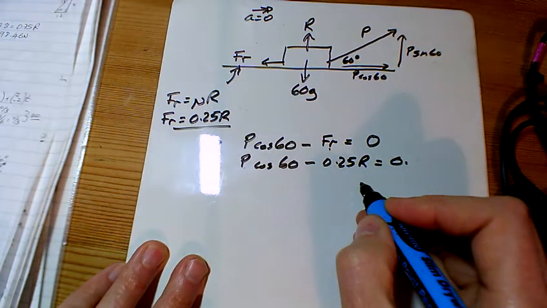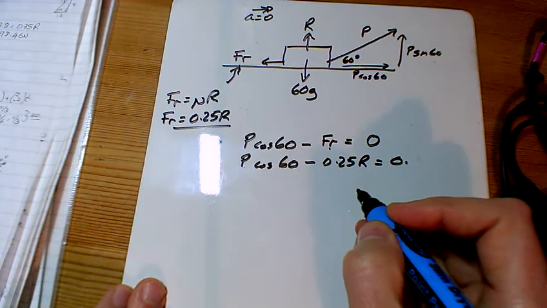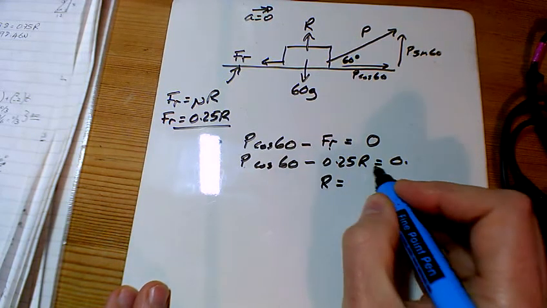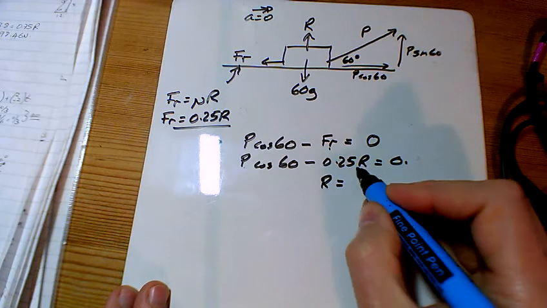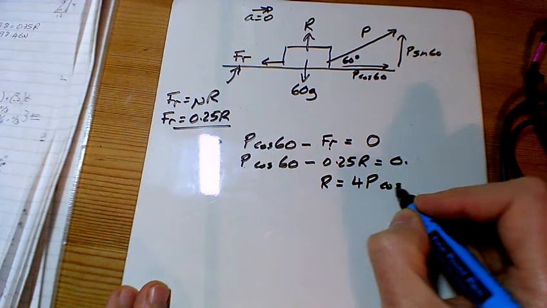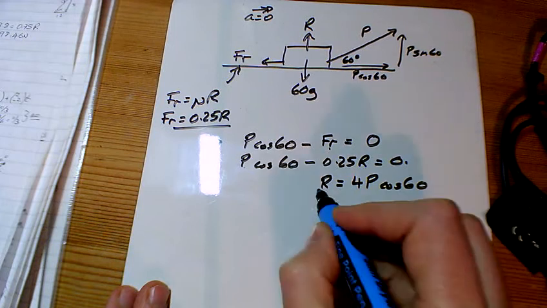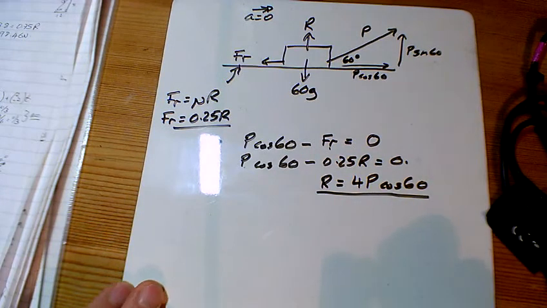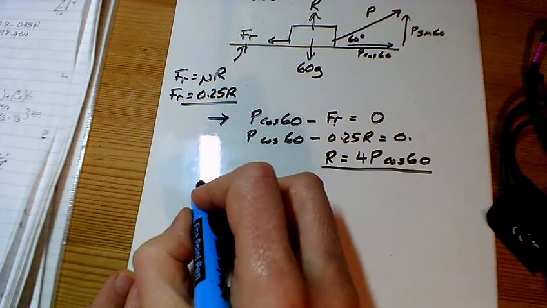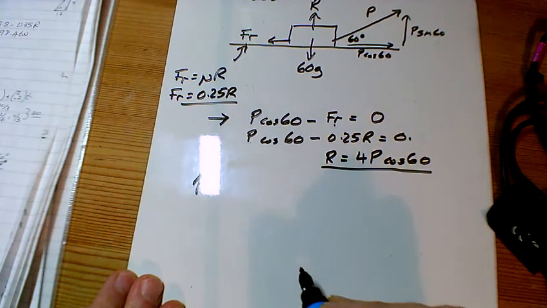If I just rearrange that a tiny bit, I can get that R is equal to 4P cos 60. There you go, that's what R is. Now I'm going to do forces up as well.